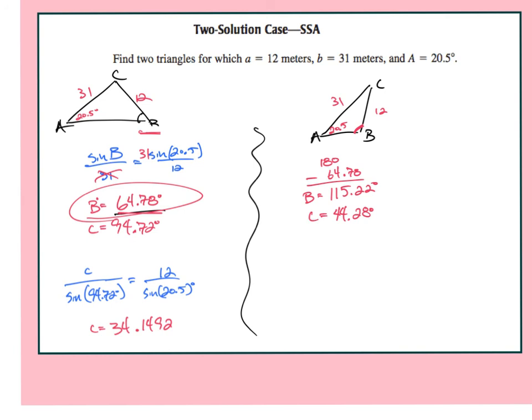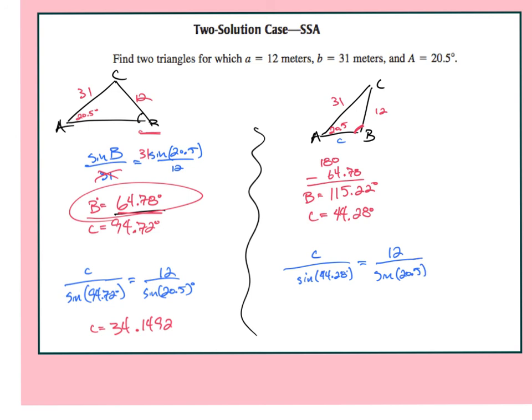All right, so now that we have a new angle C, now we need to solve for a new side C. All right. So now we would have C over sine of 44.28. And now we do our proportion just like before, is equal to, we can say 12 over sine of 20.5.